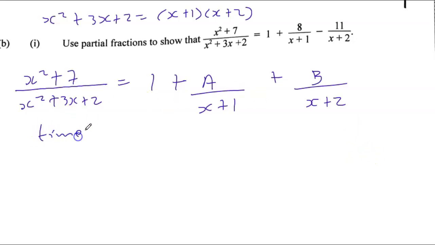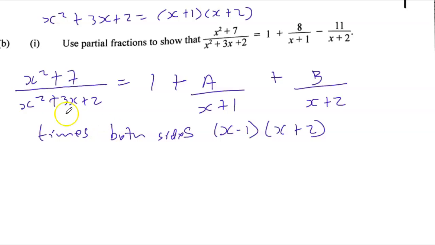What we can do is multiply both sides by the denominator on the left-hand side. Rewrite it using the factors x plus 1 times x plus 2. We multiply each term on both sides by these two brackets. On the left-hand side the denominator will cancel, leaving us with x squared plus 7.